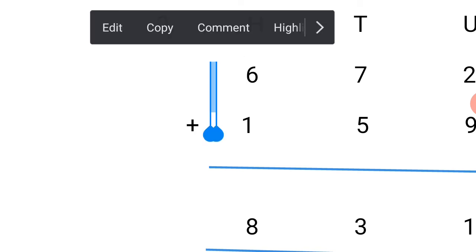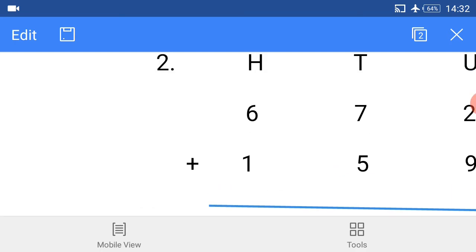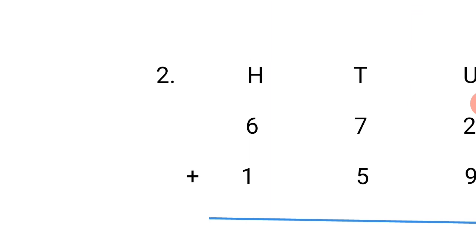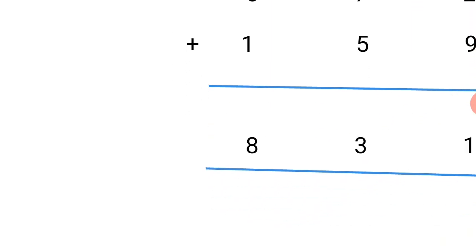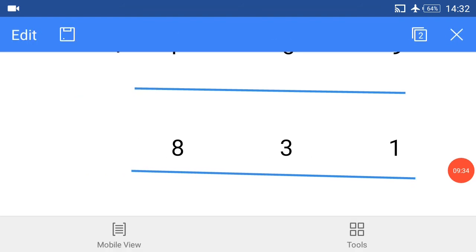That means the 1 we kept on 6. Count it, 1. Count 6. 1, 2, 3, 4, 5, 6. Count 1. Now let's add them together. 1, 2, 3, 4, 5, 6, 7, 8. Answer equals 831.